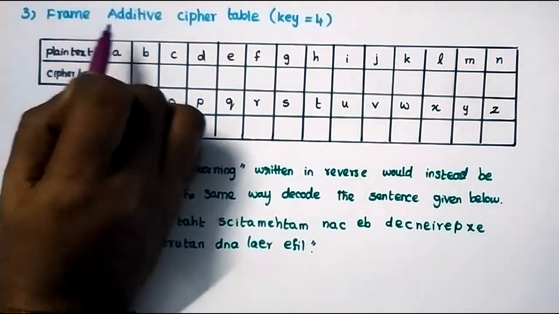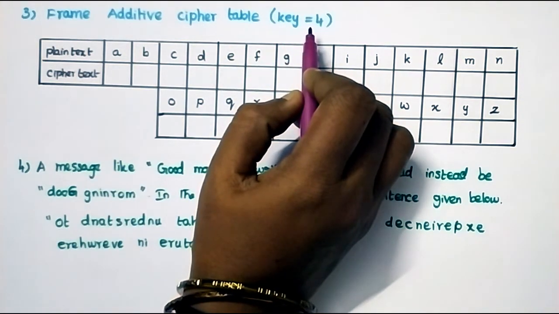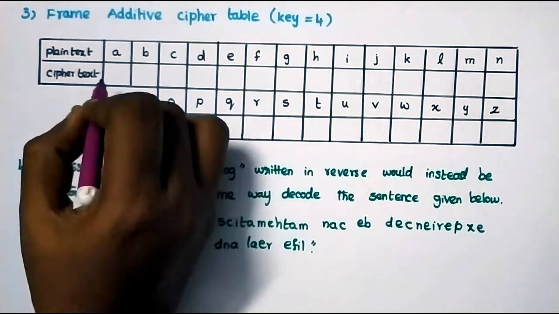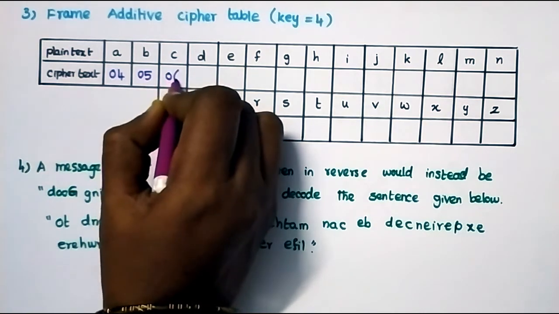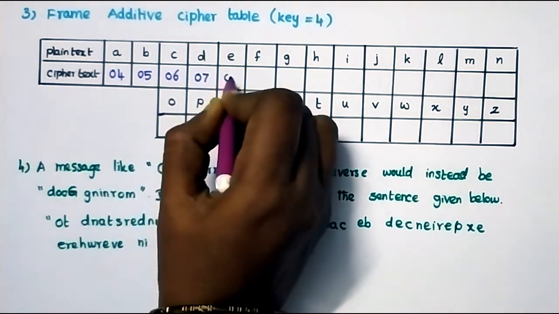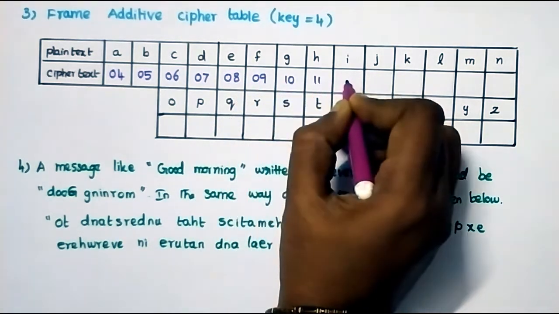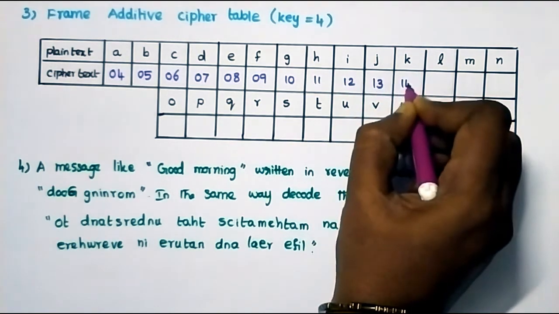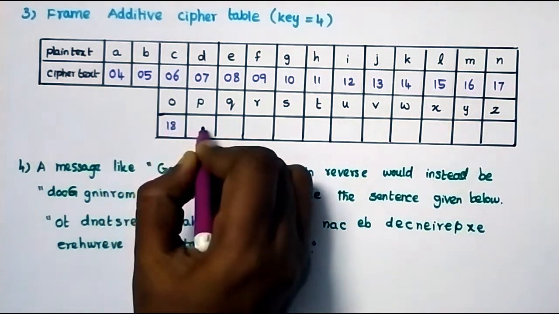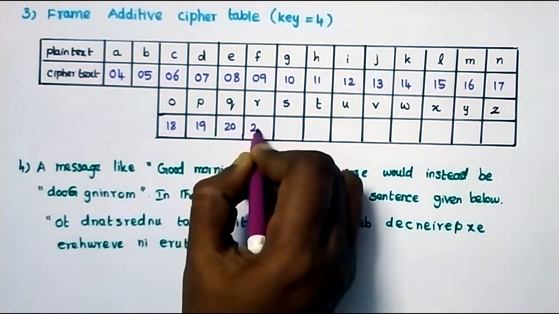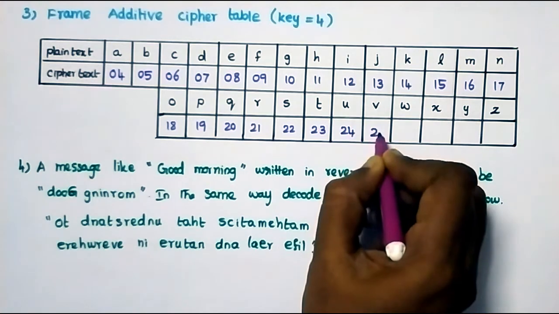Third sum, frame additive cipher text table, key 4. So A starts from 0 4, 0 4, 0 5, 0 6, 0 7, 0 8, 0 9, 10, 11, 12, 13, 14, 15, 16, 17, 18, 19, 20, 21, 22, 23, 24, 25.